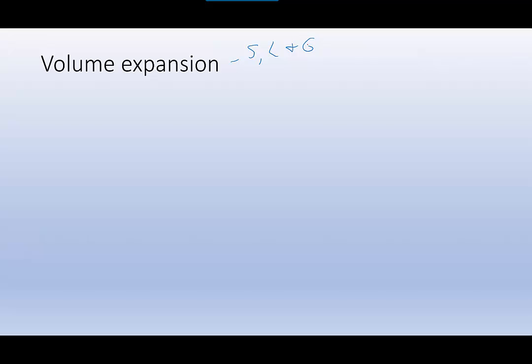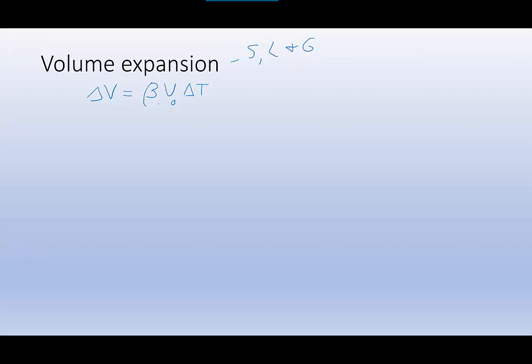But the equation for volume expansion is very similar to the equation for linear expansion, where your change in volume is equal to your coefficient of volume expansion, which is beta, times your initial volume, times your change in temperature. Beta has the same units as alpha does.